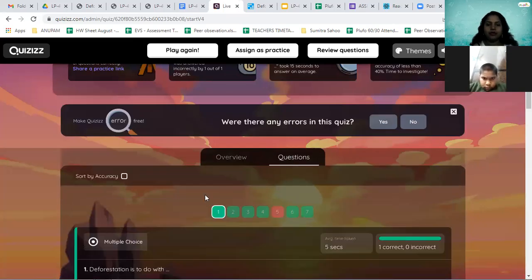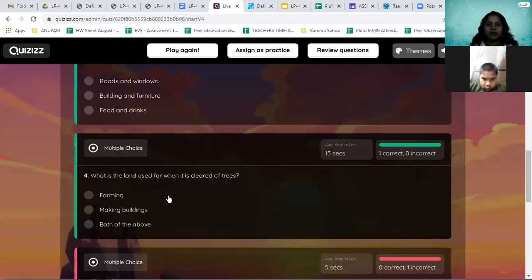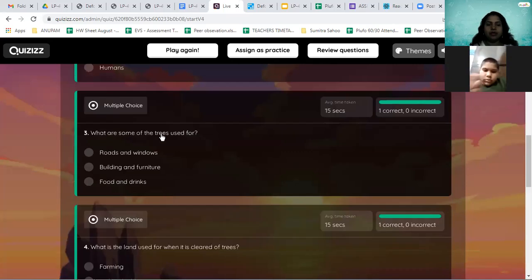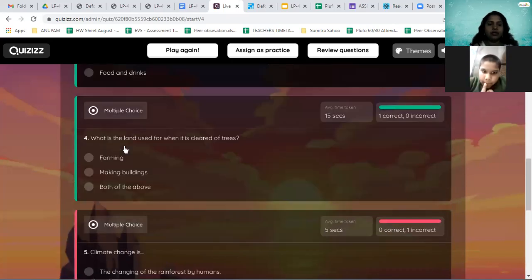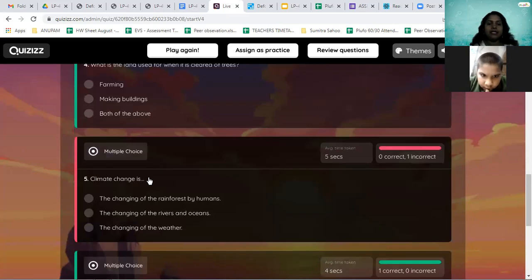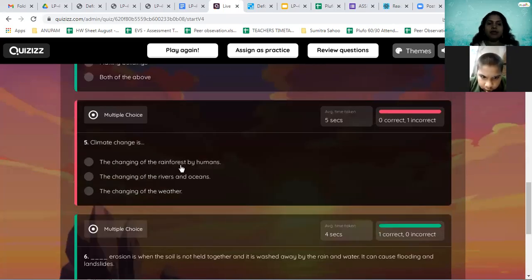Good, very good. Which question is wrong? The fifth one. Climate change: the changing of the rainforest by humans, the changing of the rivers and ocean, the changing of the weather. Climate change is the changing of the weather. Okay.